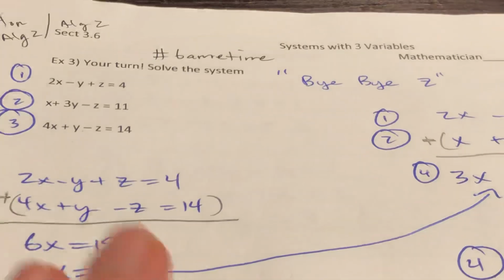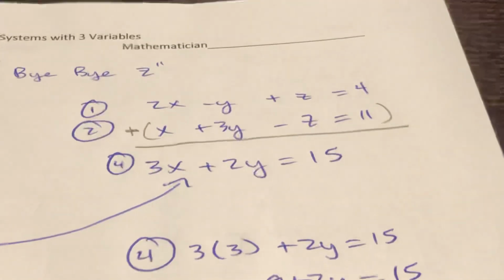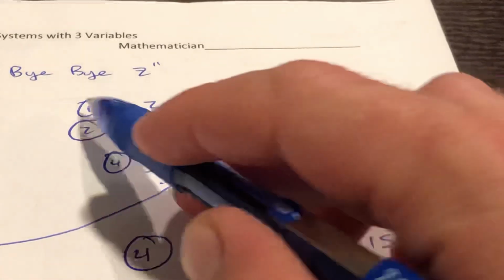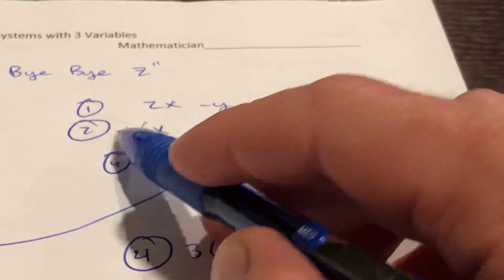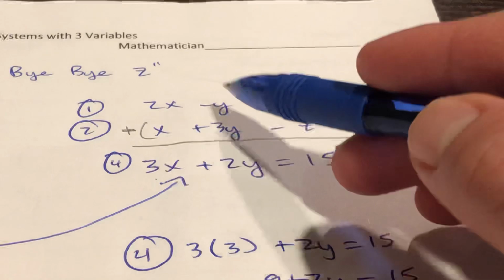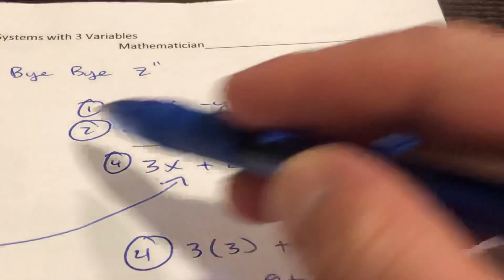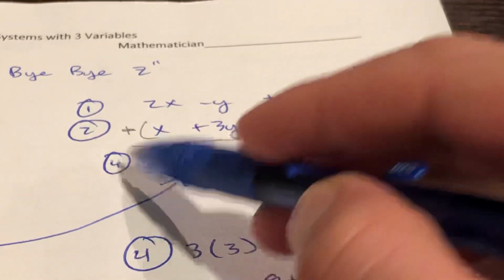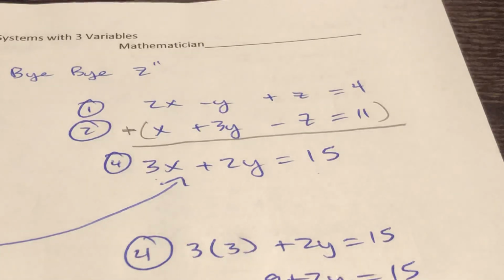I'm going to add equation 1 and equation 2 together, because then the z's cancel. Now I have a new equation, 3x plus 2y equals 15, and that new equation is called equation 4. Really organize yourself here, and we've got a good chance.